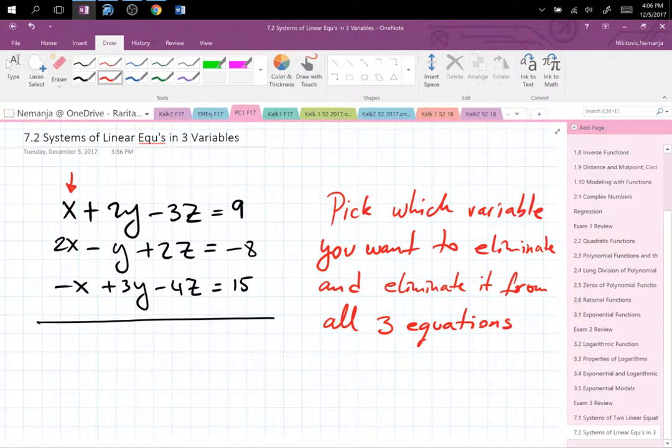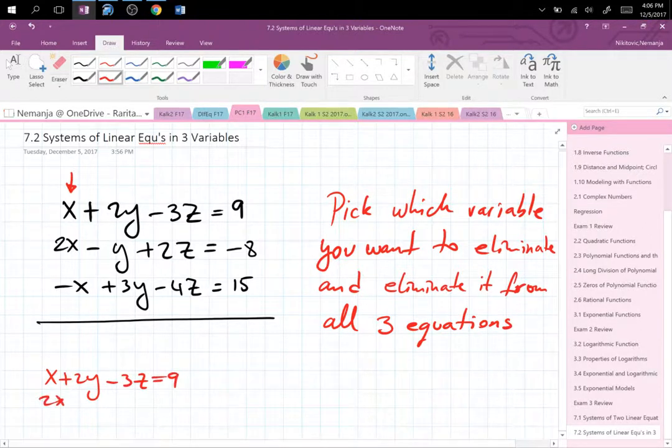So what I'm going to do is have a red pair of equations, which is, say, x plus 2y minus 3z equals 9, and 2x minus y plus 2z equals negative 8. And the blue pair of equations, I'm recycling the first one. So x plus 2y minus 3z equals 9.